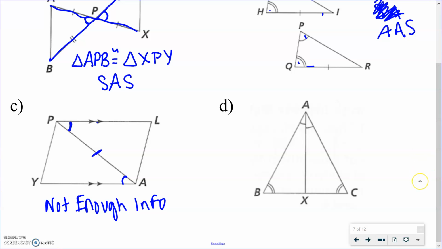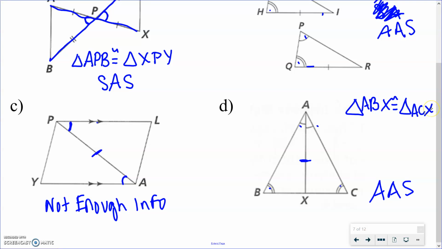Okay, well, I'm going to look at this one here and say that I see angles that are the same, and then I see this side is the same. So this one is actually angle side angle again. And it's going to be triangle ABX is congruent to triangle ACX.